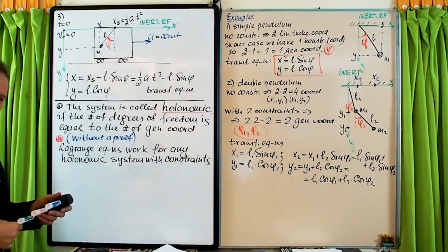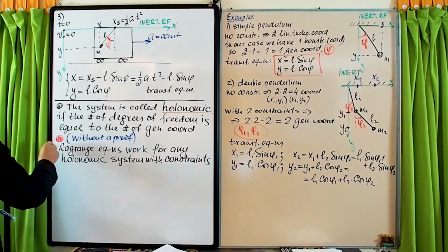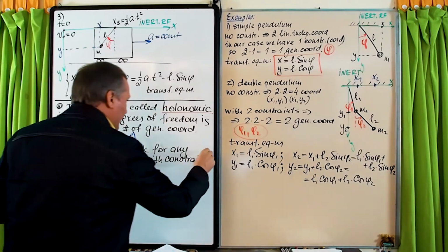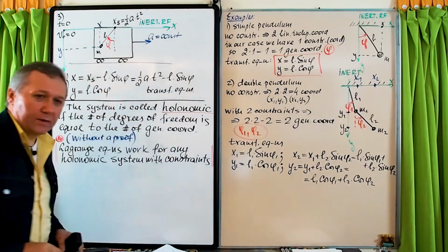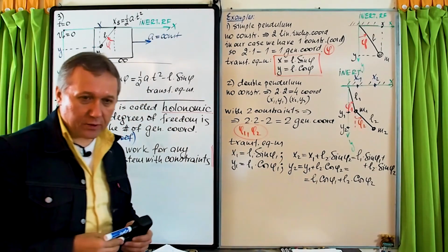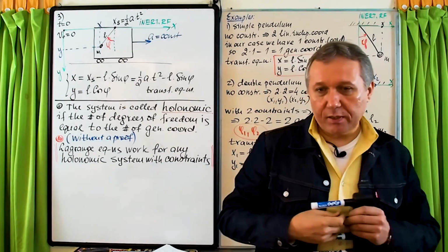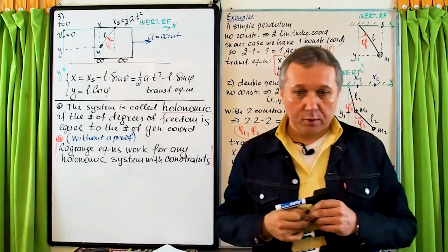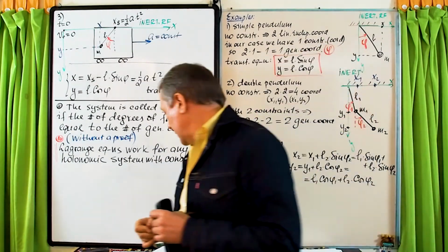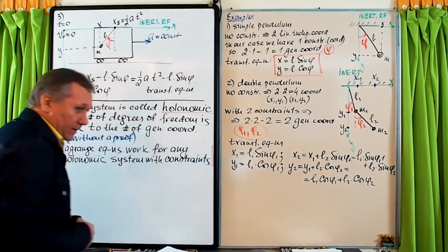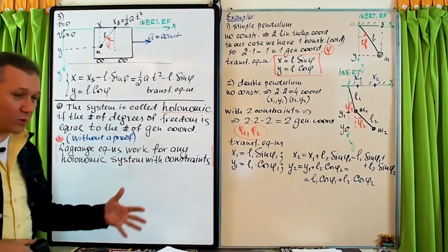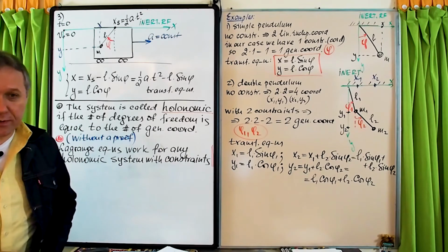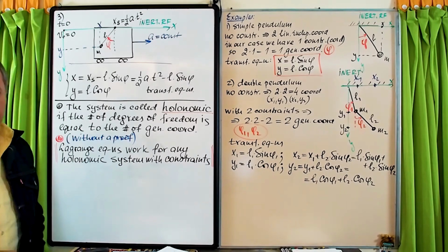So it means we can still use the same Lagrange equations to solve for the behavior of a system with constraints. And as I said a few minutes ago, the constraints appear only when you write the transformation equations.